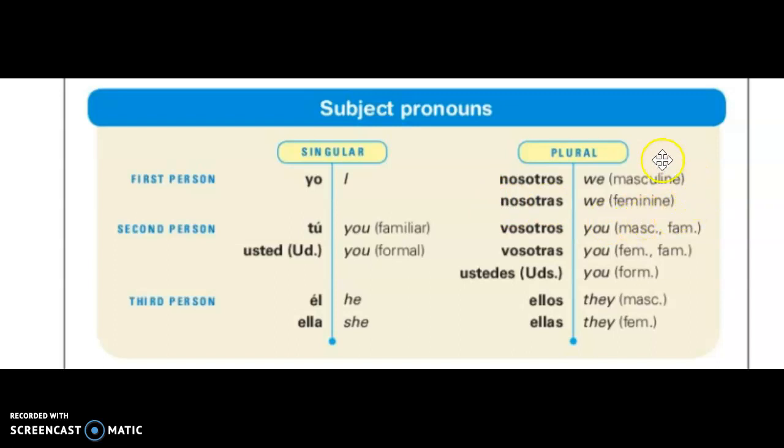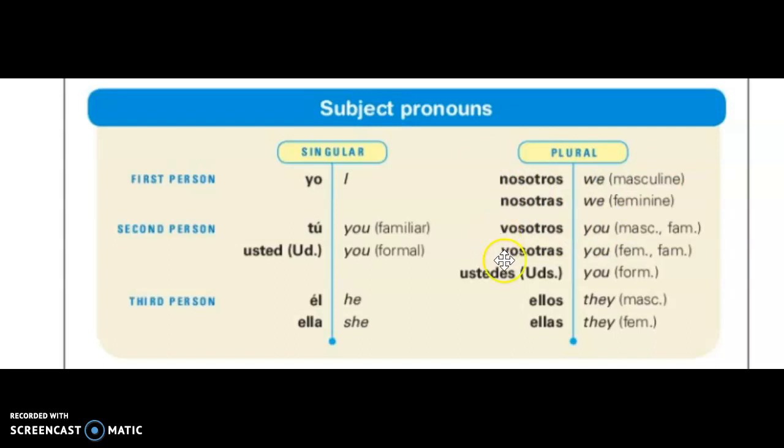Now, similar to the articles we just learned with the nouns, when there is a group of people and one male involved, then you're going to have to say nosotros, unfortunately. I'm just kidding. But yes, you do have to say nosotros if there is one male involved. So if you were speaking for you and your brother and your mom, you would say nosotros for we.